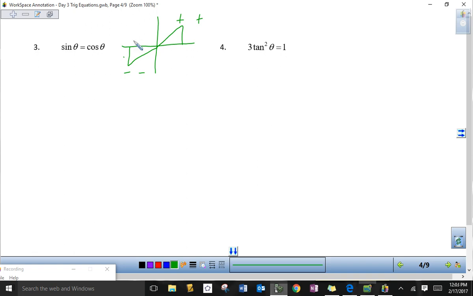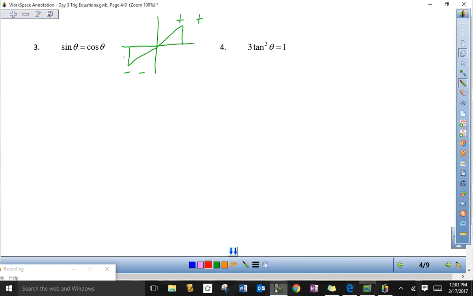And then I just have to figure out where my sine and my cosine are the same. Well, on a triangle in the unit circle, remember that sine is your vertical distance and cosine is your horizontal. So if those are the same, we have an isosceles triangle, which we know is our 45-45 triangle.